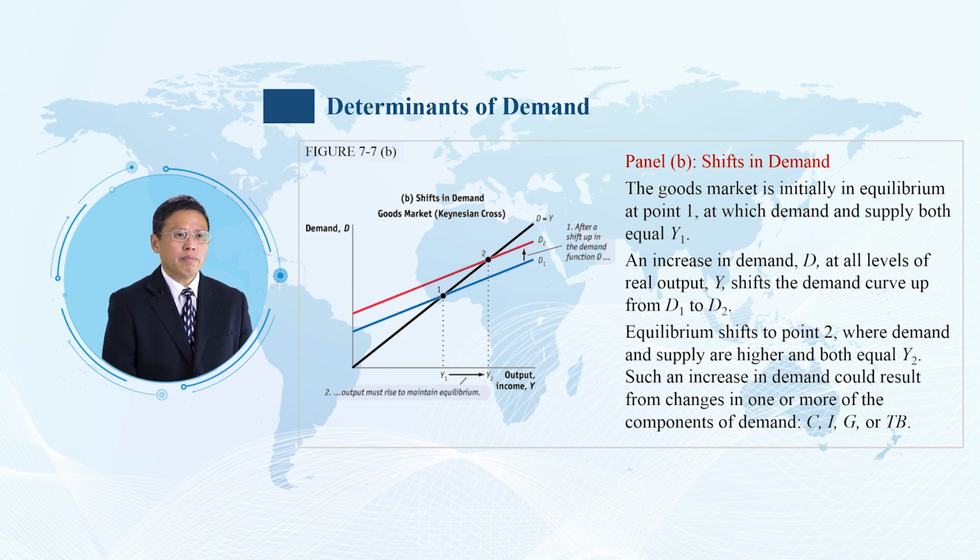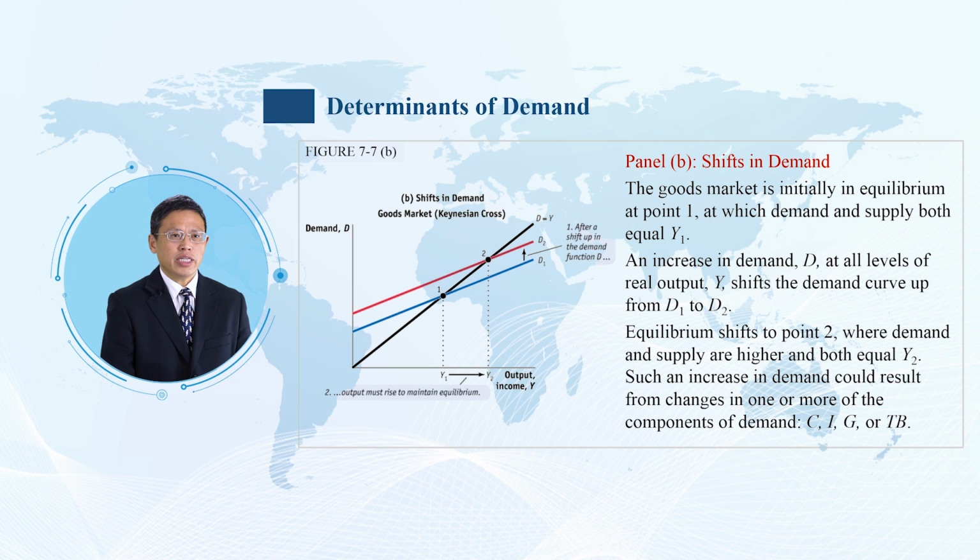A change in the home or foreign price level: if prices are flexible, then a rise in foreign prices or a fall in domestic prices causes a home real depreciation, raising Q equals E times P star bar divided by P bar.